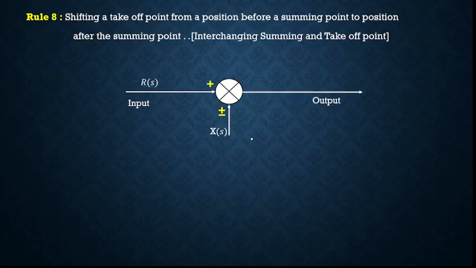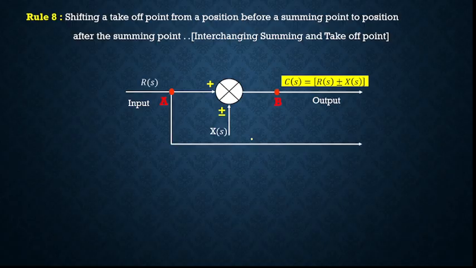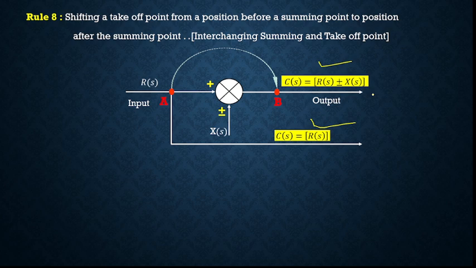So output of this is R(s) plus minus X(s), and the takeoff point is before the summing point. So this is our takeoff point. So here you will be having R(s) as the output. We want this takeoff point to be shifted after the summing point to the point B. So C(s) is equal to R(s) plus minus X(s). This should remain the same.